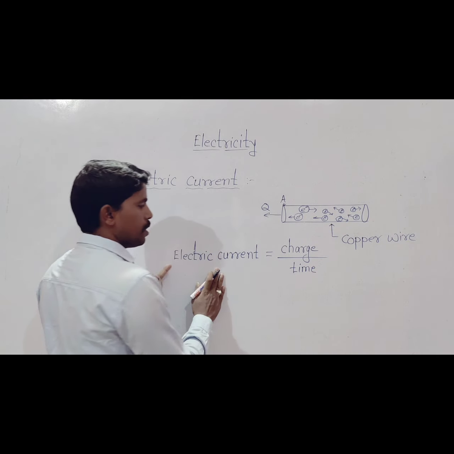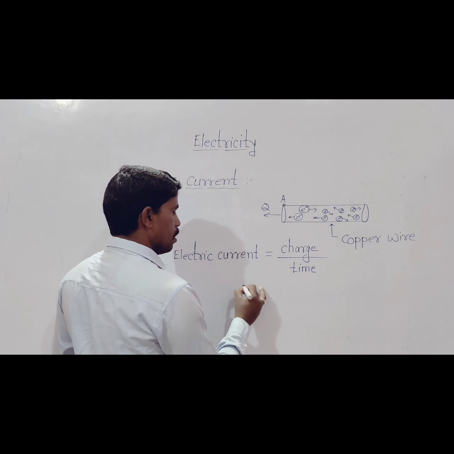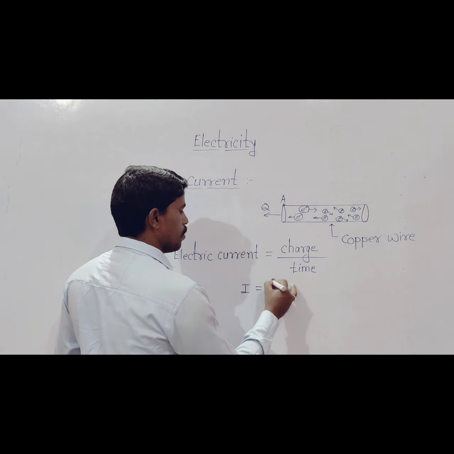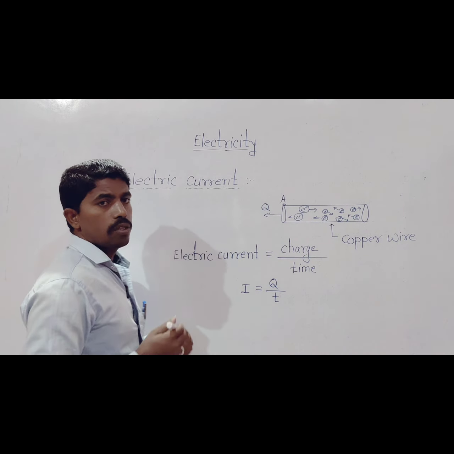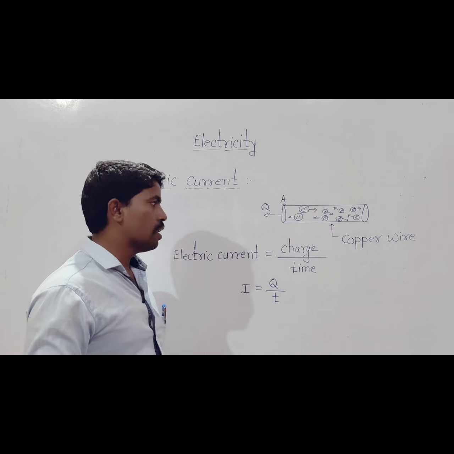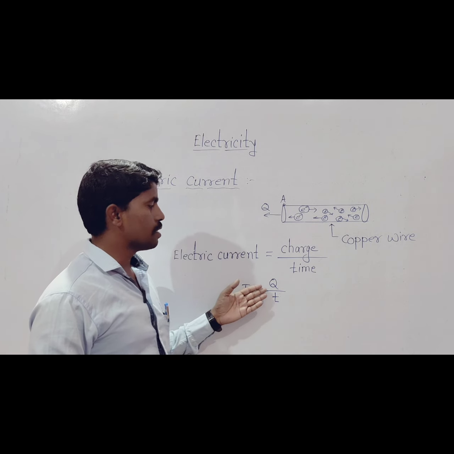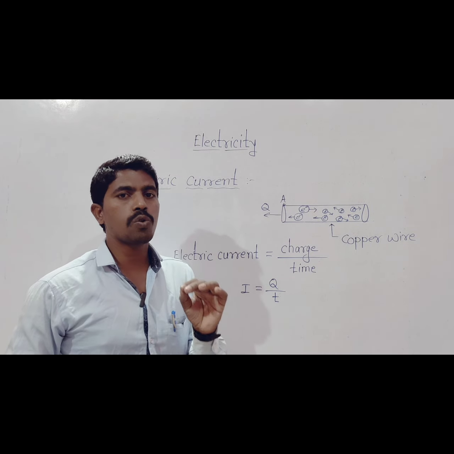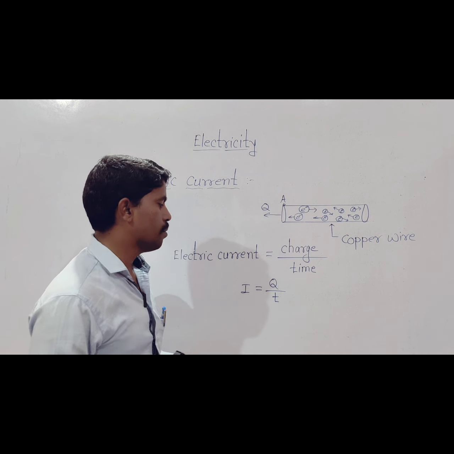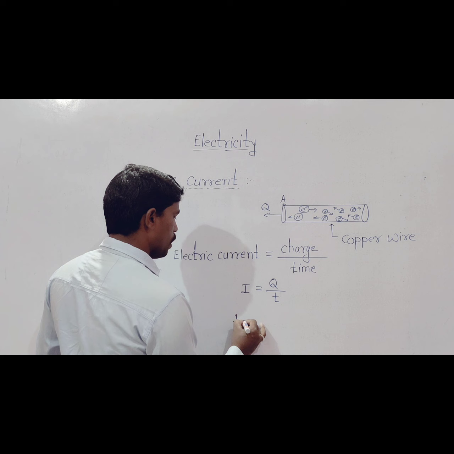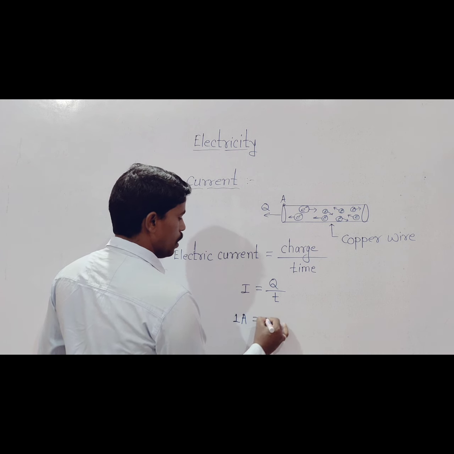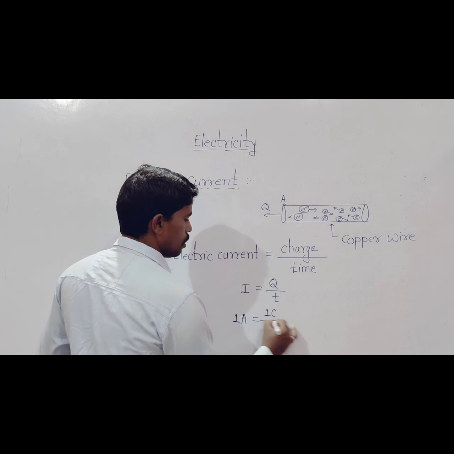Here current is represented by I and charge is represented by Q and time is represented by T. Here the SI unit of current is ampere and the SI unit of charge is coulomb and the SI unit of time is a second.